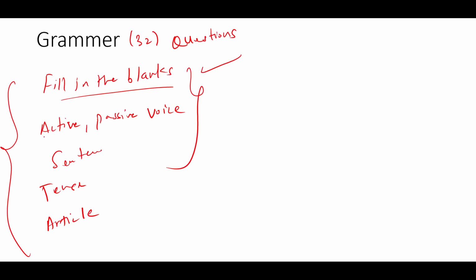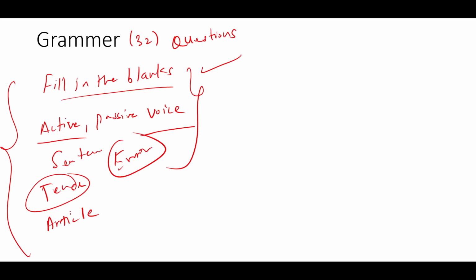In active passive voice, you need to tick the right option. In sentence errors or construction, you need to choose the correct sentence out of three or four. In tenses, you choose the proper tense for the sentence, and in articles, you use the proper article. So you will be getting these 32 grammatical questions.